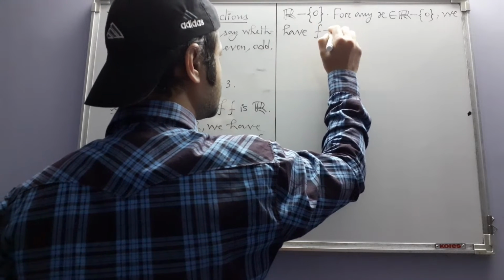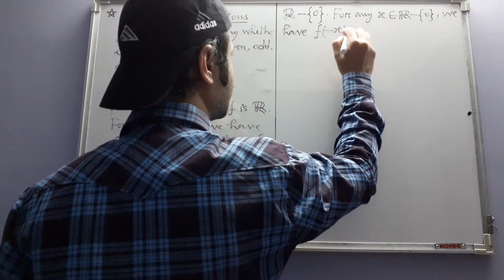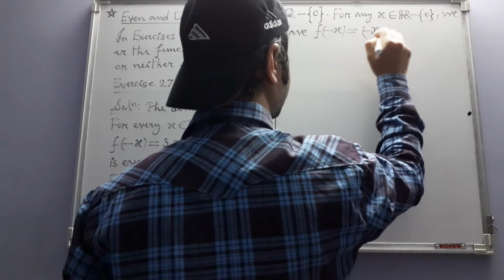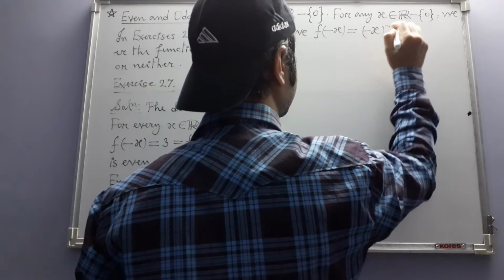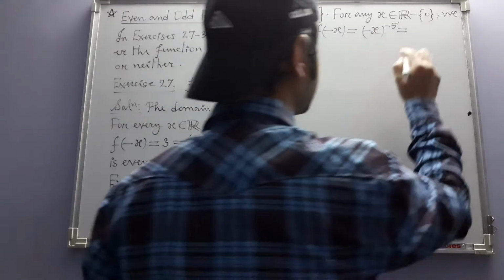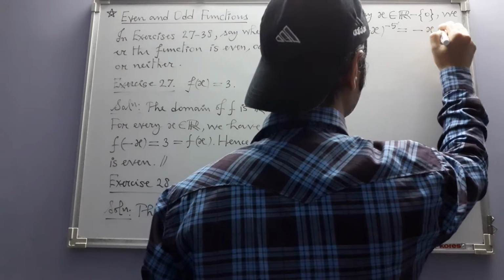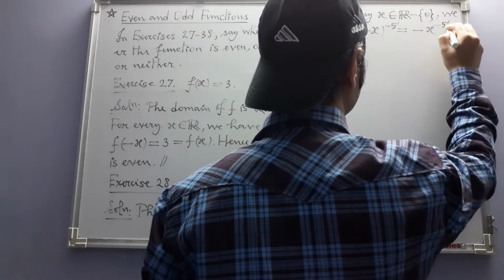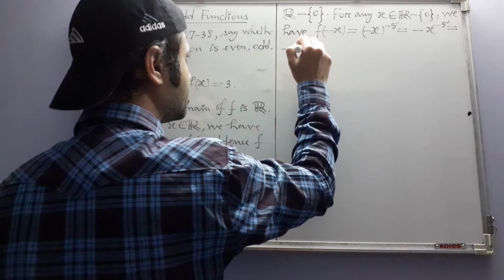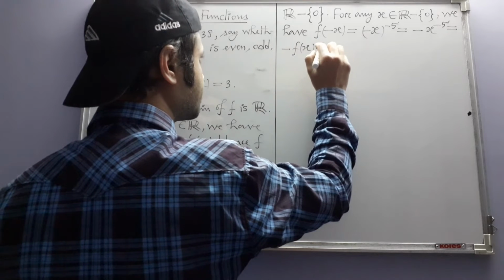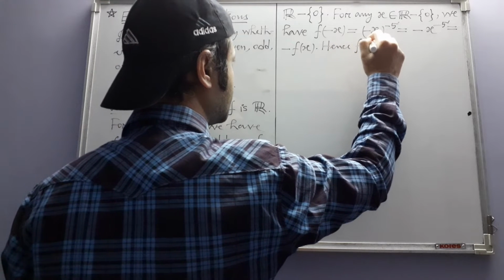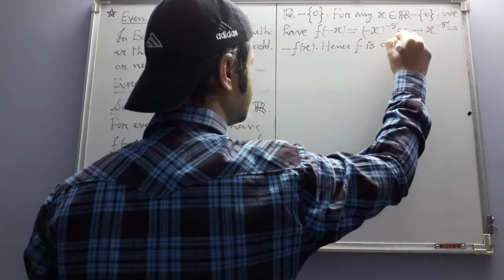Now what happens if we calculate f of minus x? f of minus x is minus x whole to the power minus 5. Because 5 is odd, this will be minus of x to the power minus 5, which is equal to minus f of x. Hence f is odd.